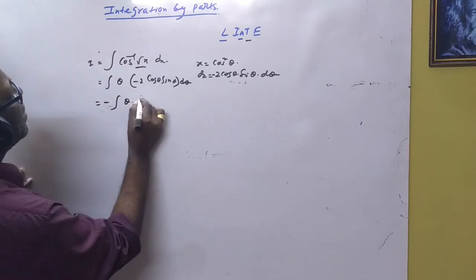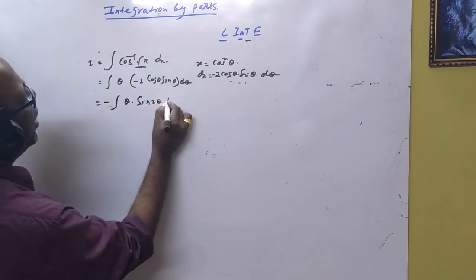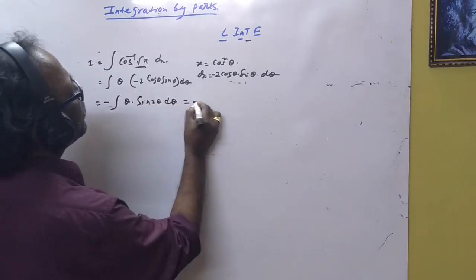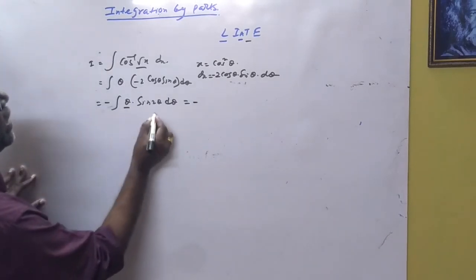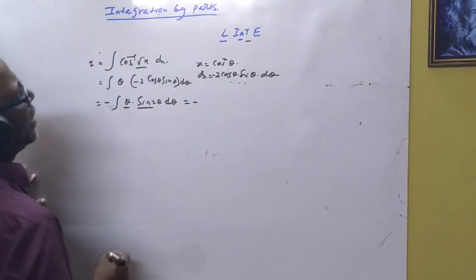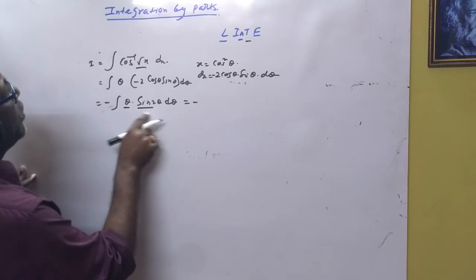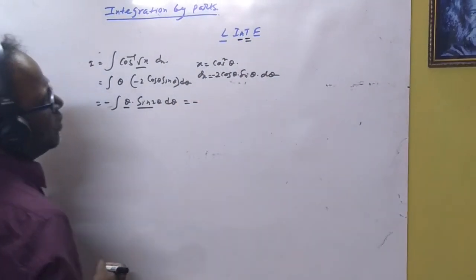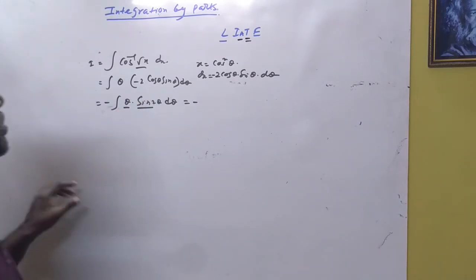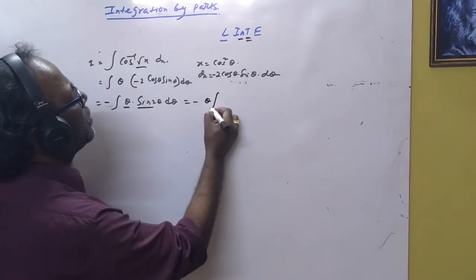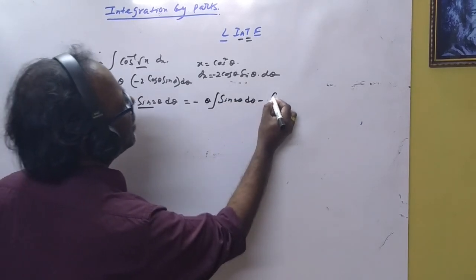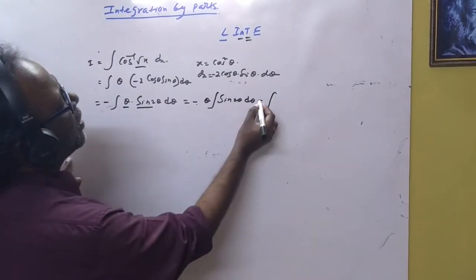Okay, now see, this is the u, the product of algebra and trigo. So between algebra and trigo, algebra goes first. So we take as the u theta, sin 2 theta d theta, and minus. This is a minus plus here.